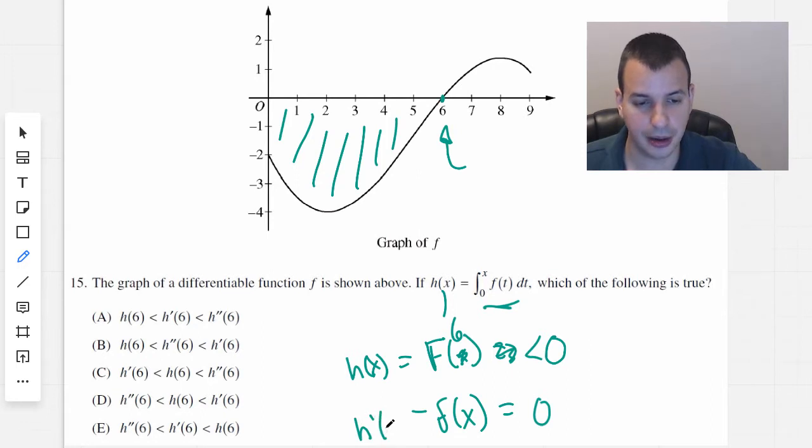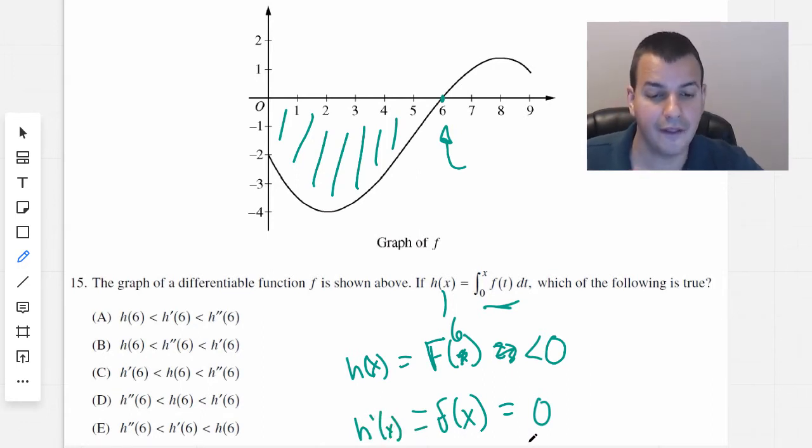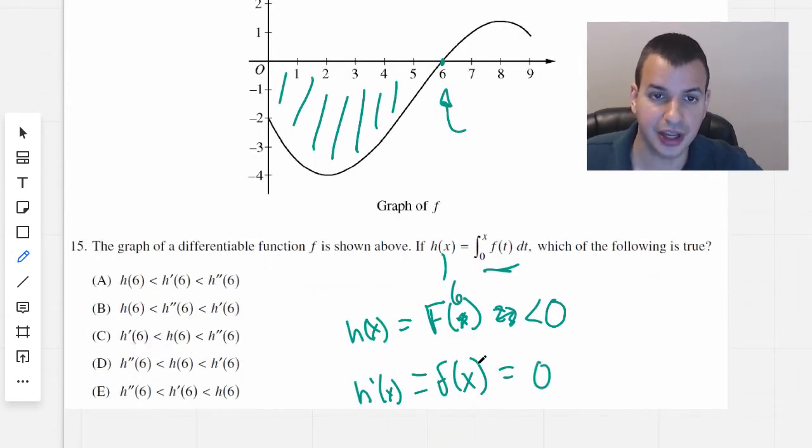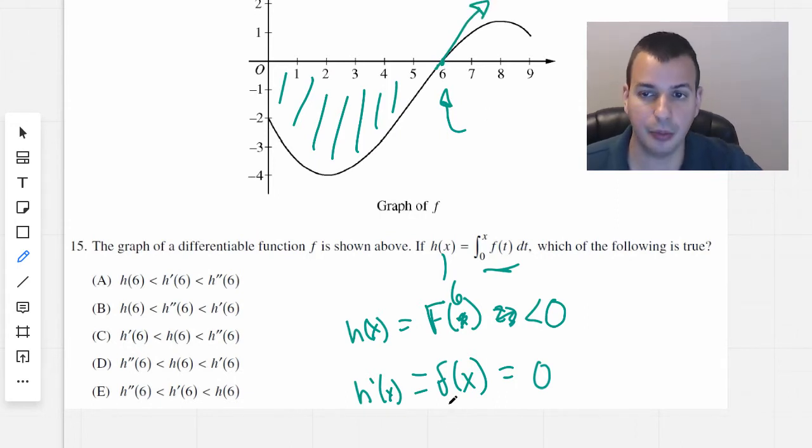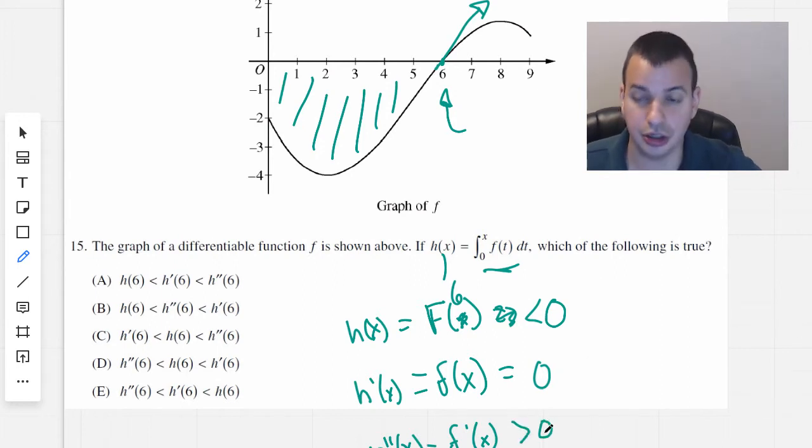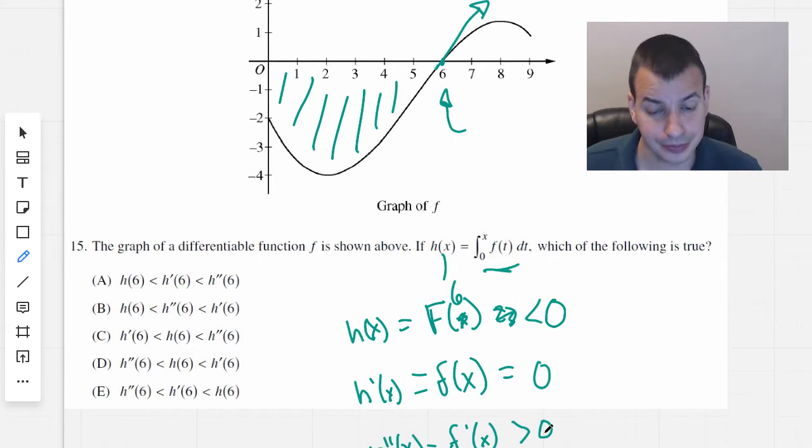So this would be h prime of x, which would be f of x, which would equal 0 because we know it's a root. And then if we look here at the slope, we can see that it's an upward slope. And so f prime of x, which would correlate to h double prime of x, would be greater than 0 because it's an upward slope.